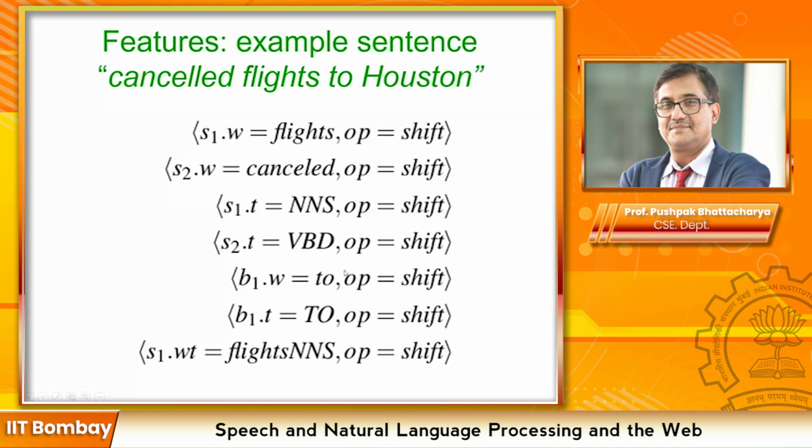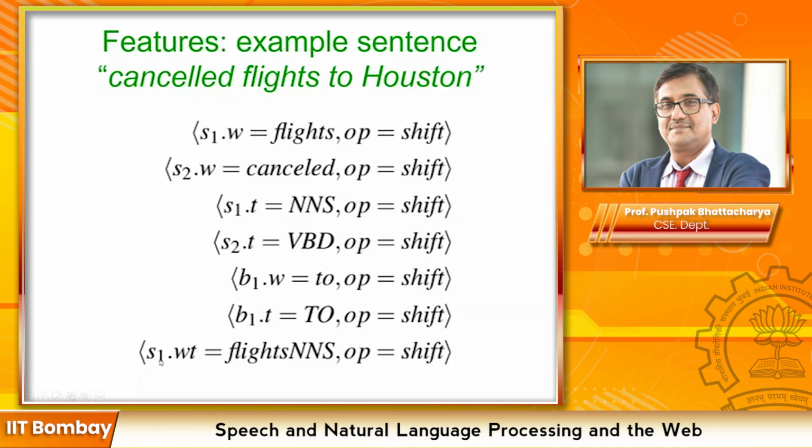B1 is the first word in the input buffer. If the word B1 is "to", then the operator is shift. If the part of speech of the word in front of the buffer is TO, which is the "to" preposition, then the operator is shift again.